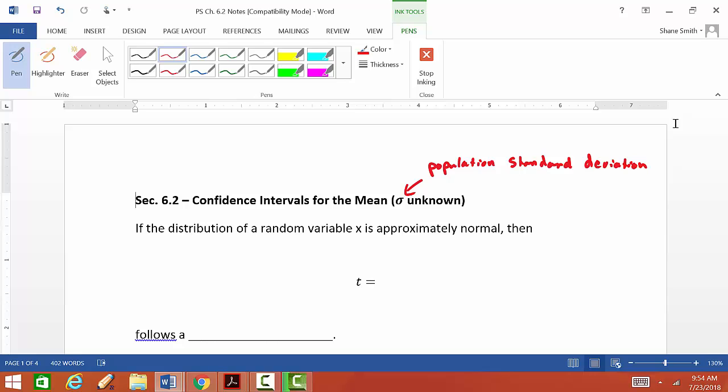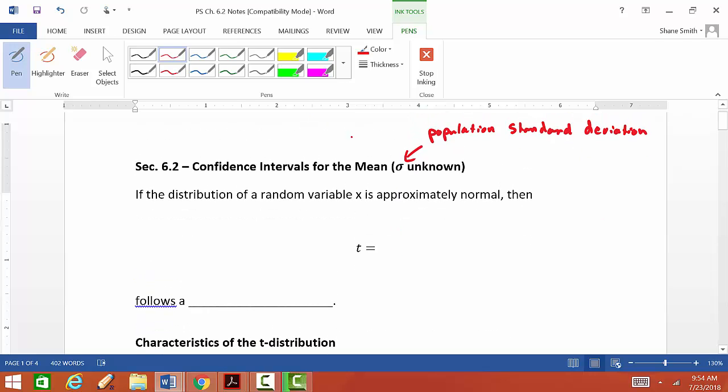If we know the sample standard deviation, we have to use something called the t-distribution. And to calculate a t-statistic, it's x bar minus mu over s over the square root of n. And remember, a z-score is x bar minus mu sub x bar over sigma over the square root of n, because sigma over the square root of n is sigma sub x bar.